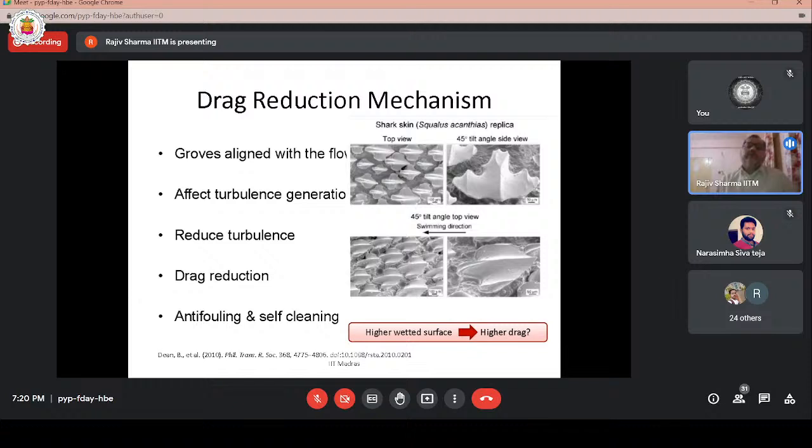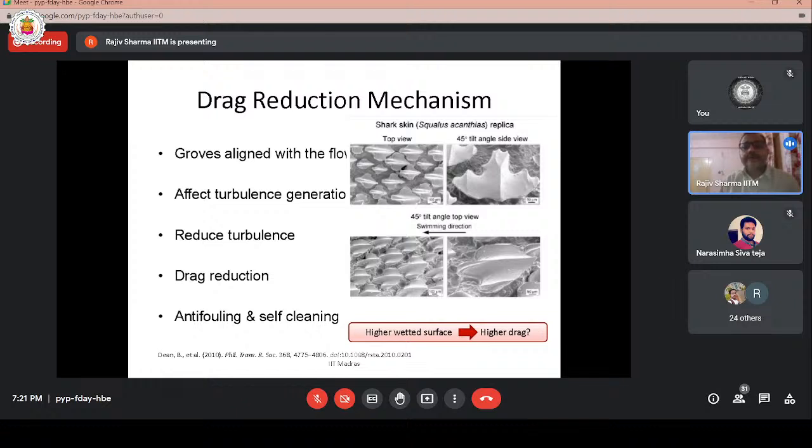Now, whenever you have a structure which is protruding outward from the skin, from the base, over a period of time, you will have biofouling. And if the microstructure is not of sufficient width and height, the cleaning of this will become difficult because of fouling.